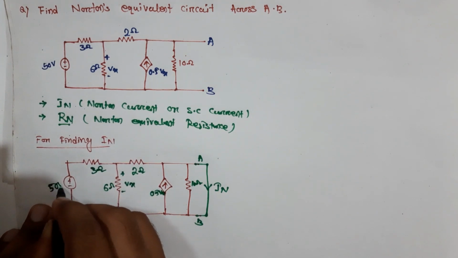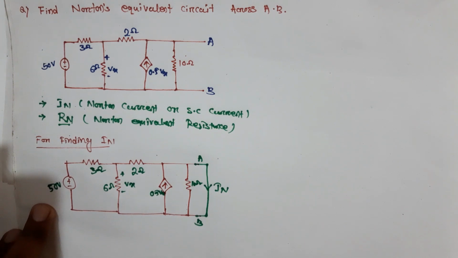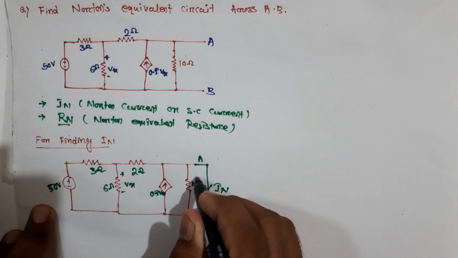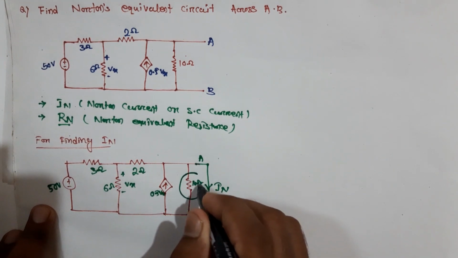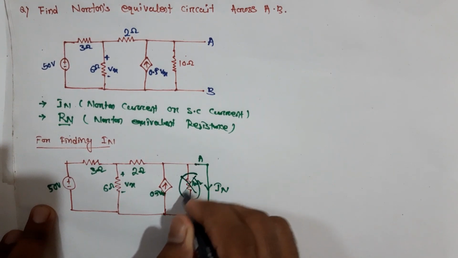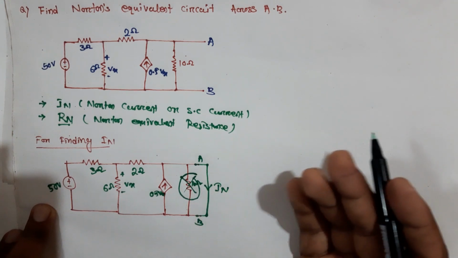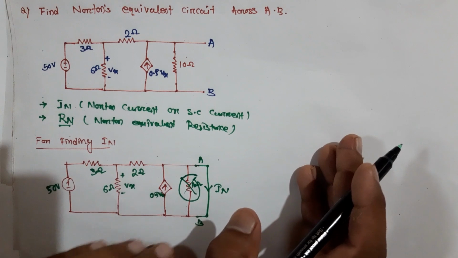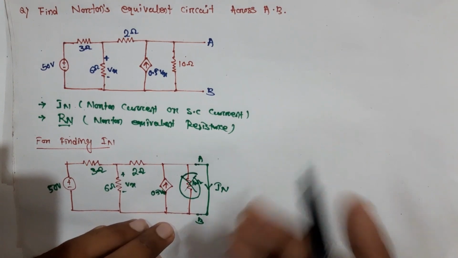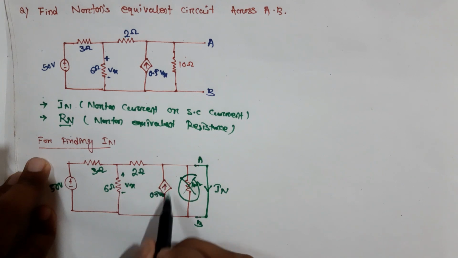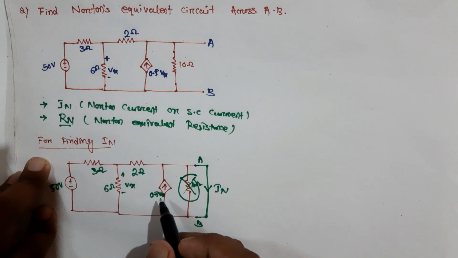This is 50 volt. Here you see, if we short circuit this branch, this 10 ohm is directly eliminated, because there is no current flowing through this branch. If no current is flowing, then this branch is effectively deactivated. Here the dependent source is a voltage controlled current source.